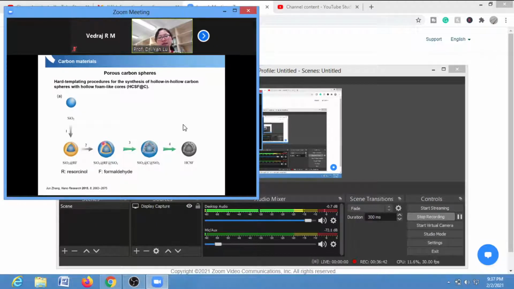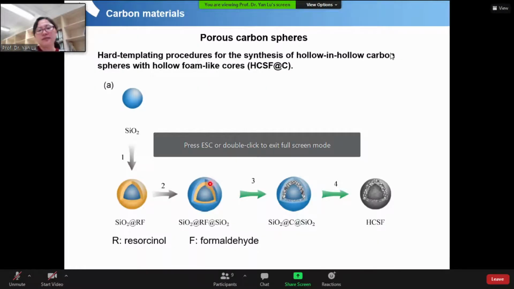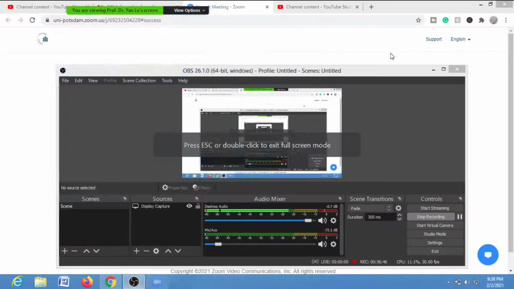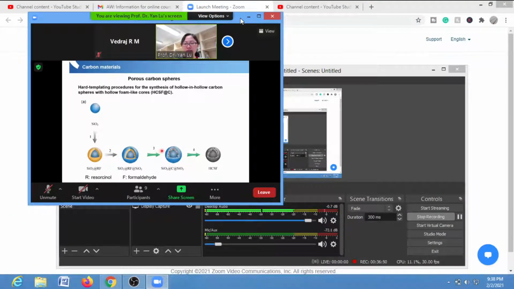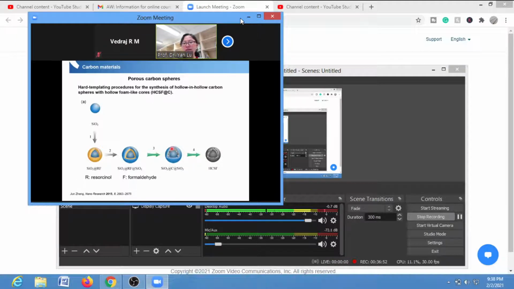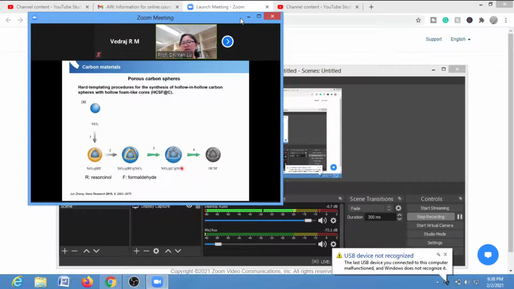Then they did the calcination, so the resin is converted into carbon, and in the end the silica can be etched, so you can remove the silica and have hollow carbon spheres.